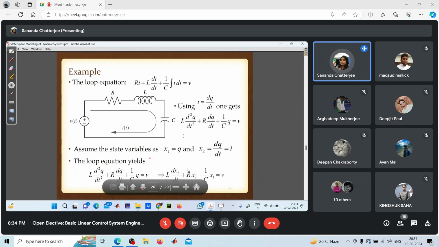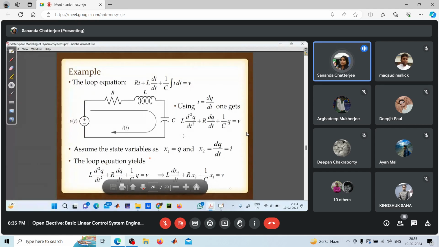The selection of states is entirely your choice, but after that you have to follow a proper method, then you will get a state space model that is true. So this model is not unique, and you can have many representations.